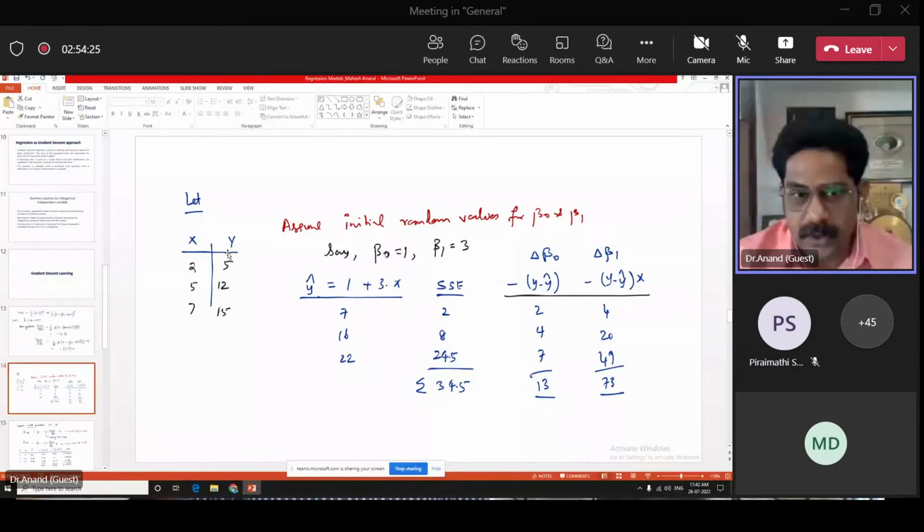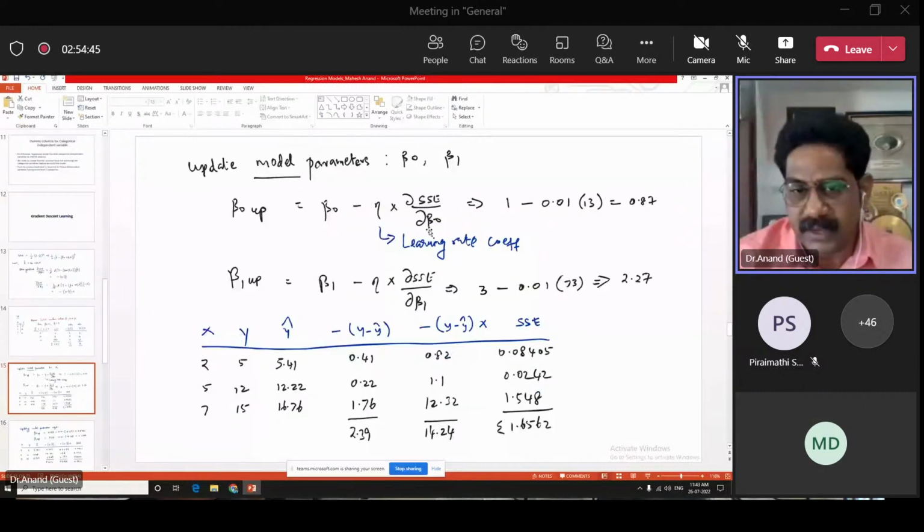What I'm going to do is start with some random initialization for beta naught and beta 1. Beta naught I have taken randomly as 1 and slope randomly as 3. For this process I have assumed a learning rate of 0.01 to solve this numerical exercise.